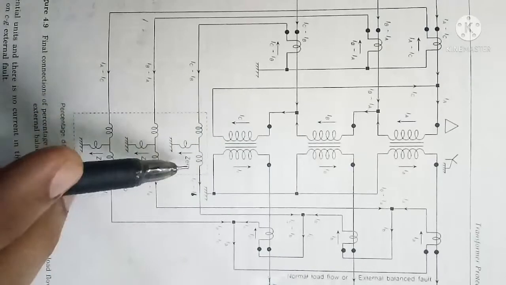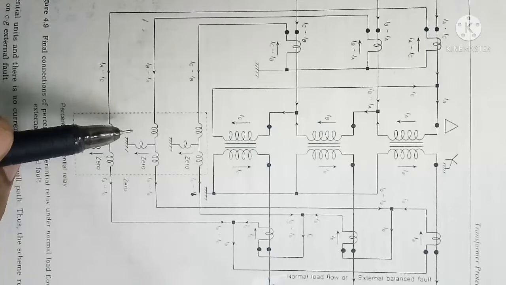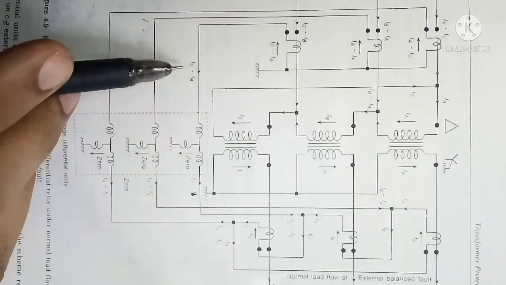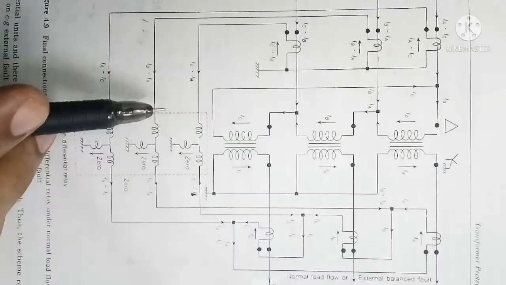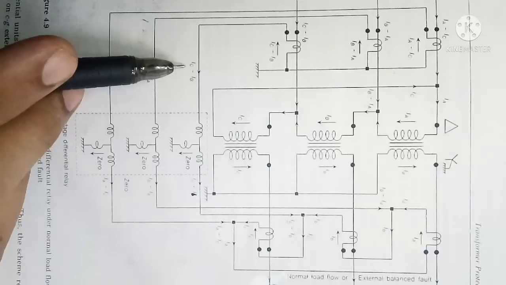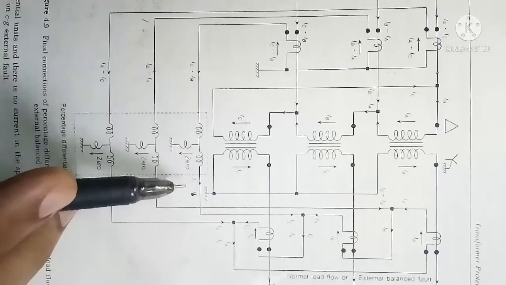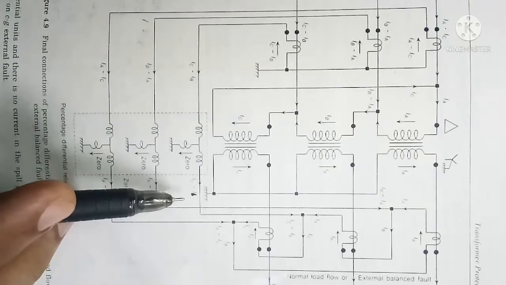in the first part of the percentage differential relay, the current flowing is IC minus IB. So you can see here IC minus IB, and here also you can see IC minus IB.